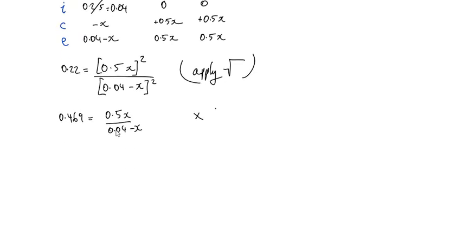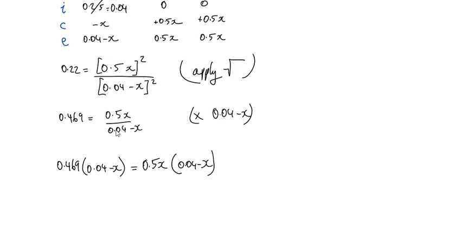And to get rid of 0.04 minus x on the right, I multiply both sides by that value. So both sides are multiplied by 0.04 minus x. So there it is on the left, and on the right it will cancel above and below the line.